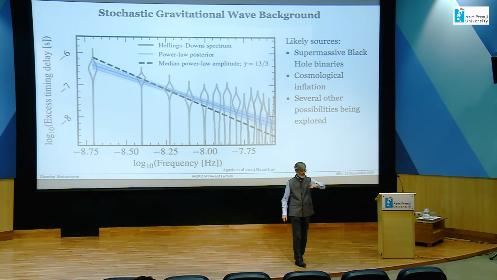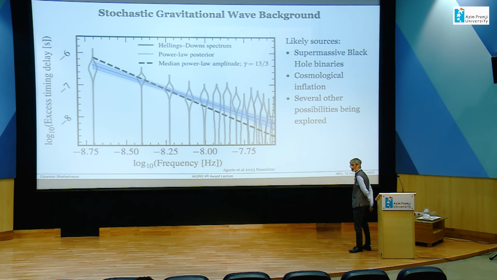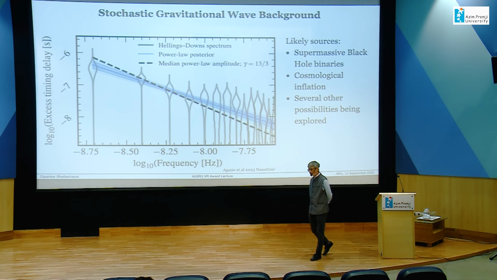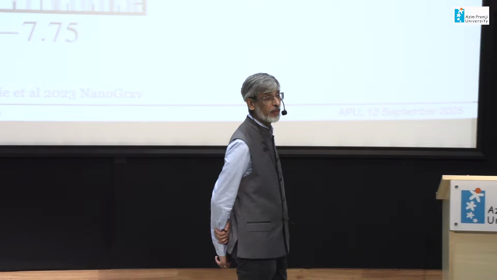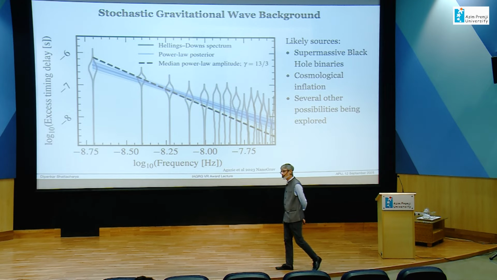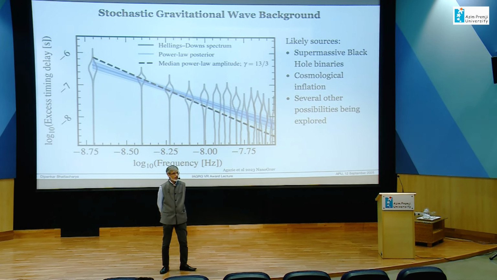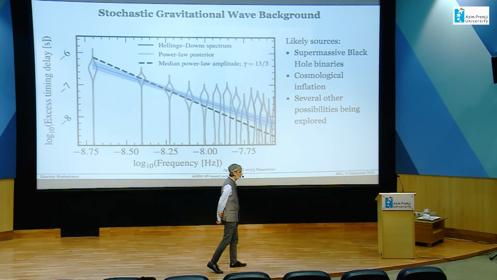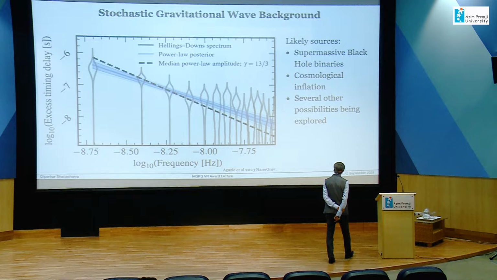So this is a stochastic gravitational wave background. Where is this being generated? Two top candidates are binary supermassive black holes at centers of galaxies, or primordial gravitational waves left from the very, very early phase of the universe, like inflation. But there are several other possibilities which are being explored.